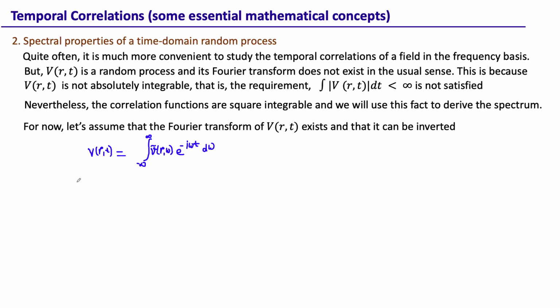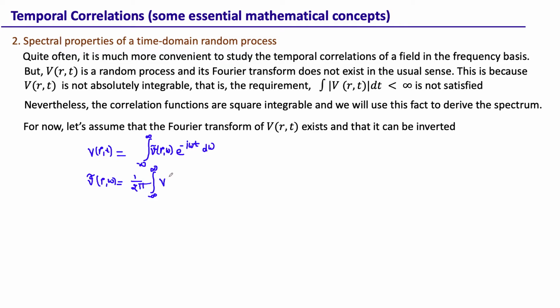This Fourier transform we can also invert, and we can then write it as V tilde (r, omega), and that will take 1 over 2 pi. This is for the proper normalization, minus infinity to infinity. There are different ways of doing it. Some people usually define the Fourier transform with 1 over root 2 pi on each side, but here I am doing 1 here and 1 over 2 pi here.